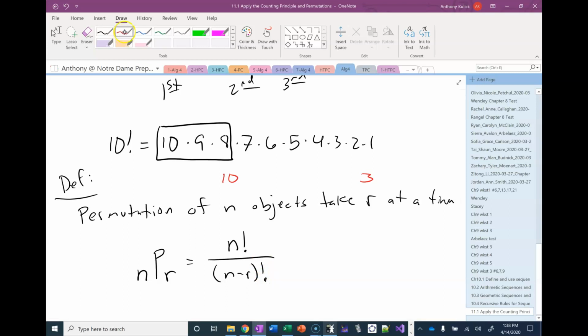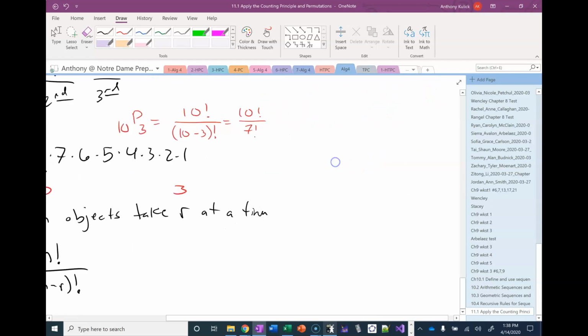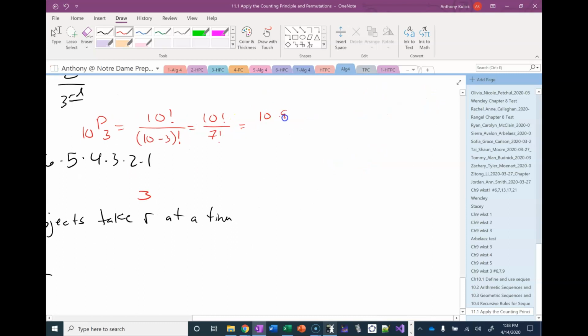So if we went back to our previous example, we'd have 10P3, so that's 10 factorial over 10 minus 3 factorial, which is 10 factorial over 7 factorial, which is 10 times 9 times 8 times 7 times 6 times 5 times 4 times 3 times 2 times 1 over 7 times 6 times 5 times 4 times 3 times 2 times 1.